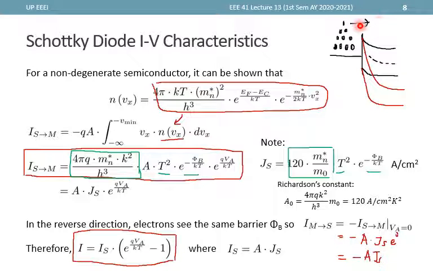Okay, so this reverse saturation current increases with temperature. In terms of the barrier height, when we increase the barrier height, then fewer electrons will be able to cross. Then this Js right here actually decreases with the barrier height.